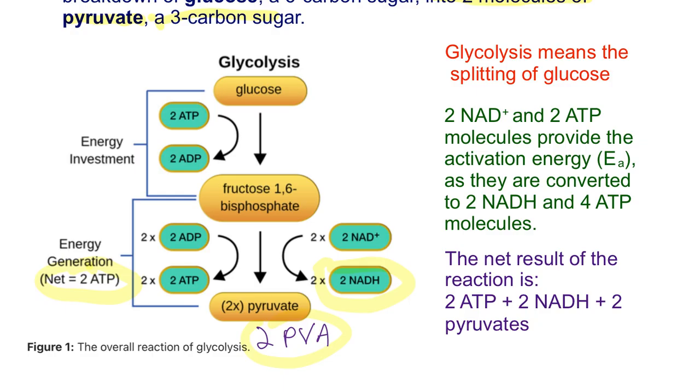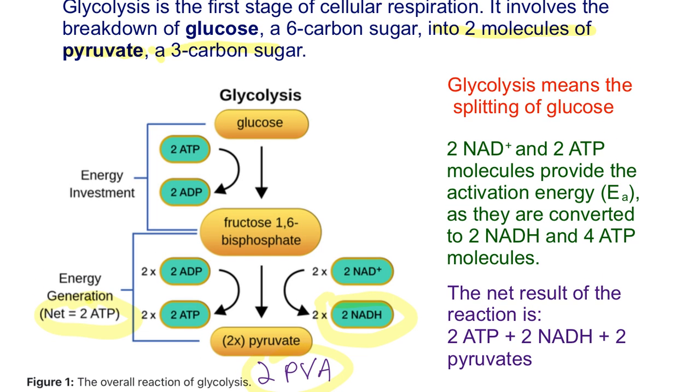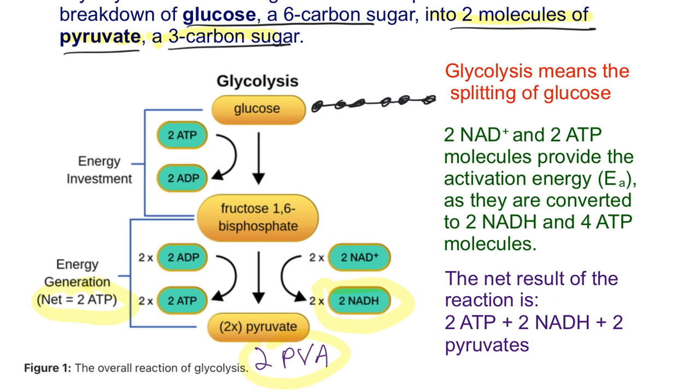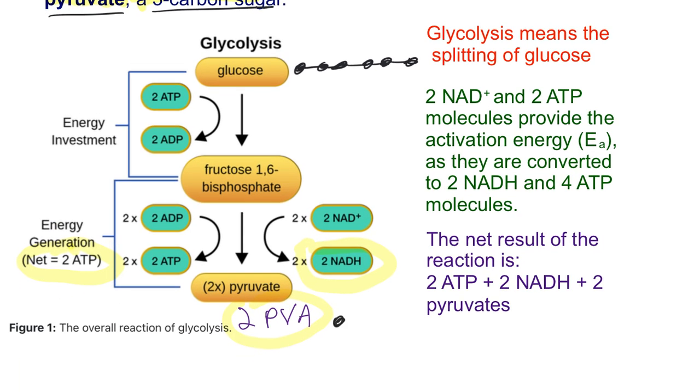Okay, let's not complicate this first stage too much. Okay, so in glycolysis, 6-carbon glucose is broken up into 2 molecules, eventually, of a 3-carbon sugar called PVA. So we got the glucose, which is 6 carbons, breaking up into 2 3-carbon PVAs.